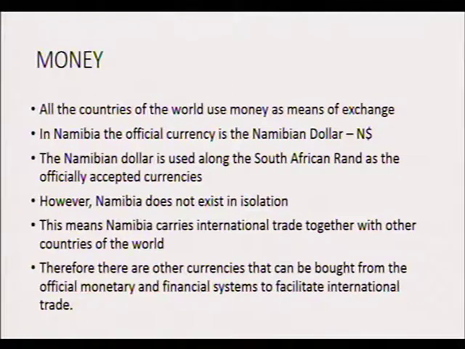In other words, we say it's pegged to the South African rand. However, Namibia does not exist in isolation. This means Namibia carries out international trade together with other countries of the world. Therefore, there are other currencies that can be bought from the official monetary and financial system to facilitate international trade. These currencies are normally bought from commercial banks of your country.